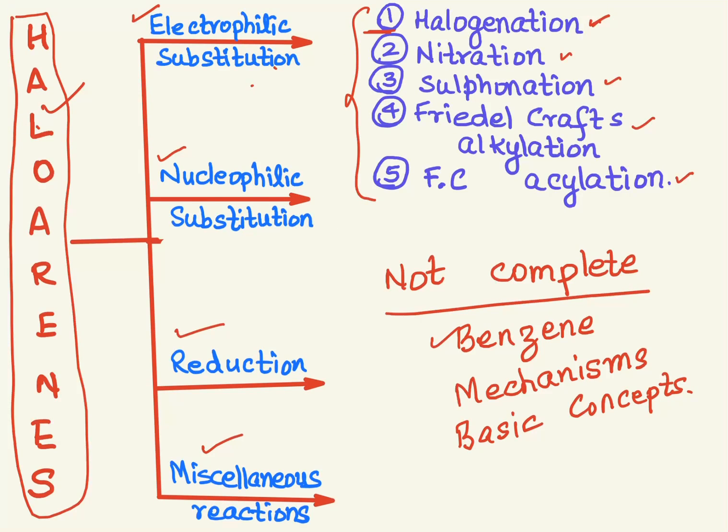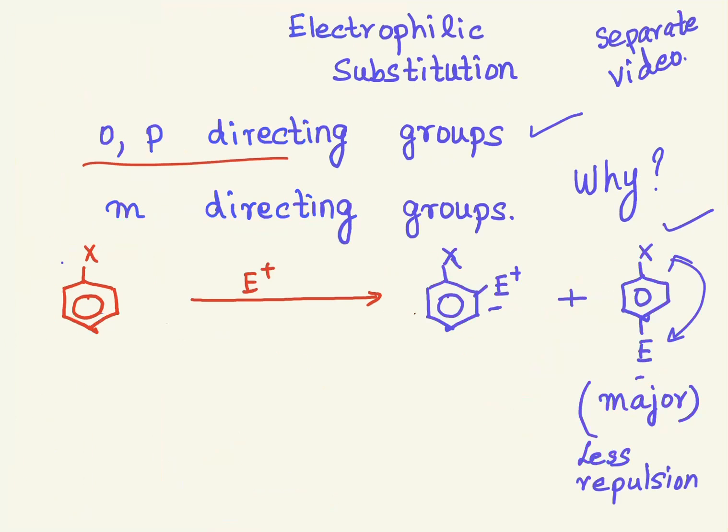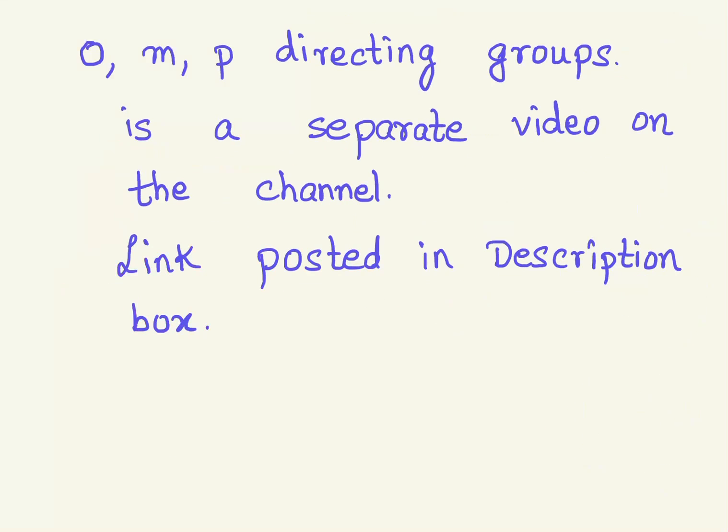So now, before I come back with the next video and clear your doubts, write the reactions of halogenation, nitration, sulfonation, Friedel-Crafts alkylation and Friedel-Crafts acylation. Keep your equations ready and I will give you the answers and we will tally the reactions.